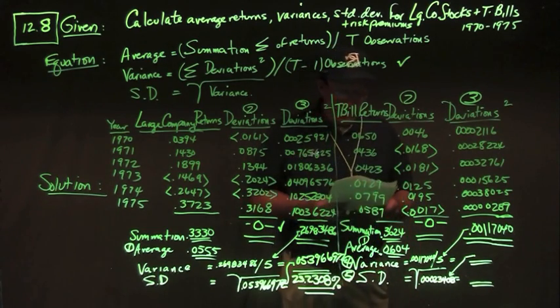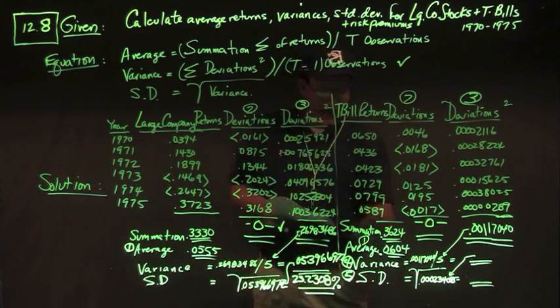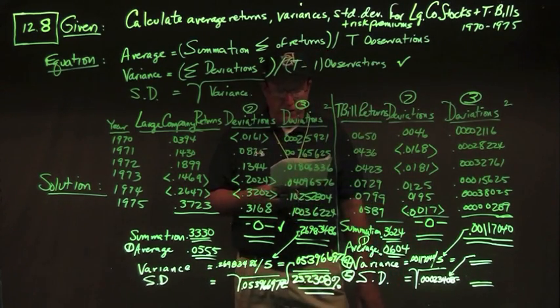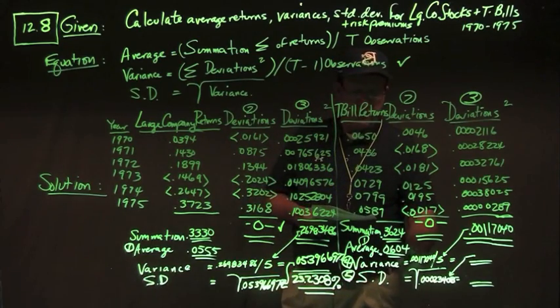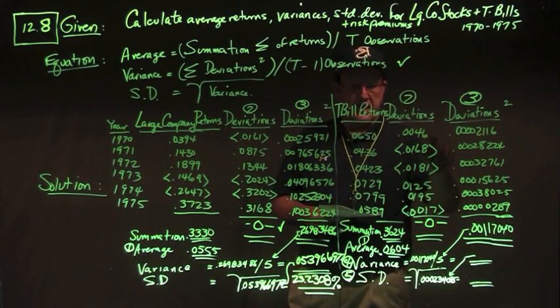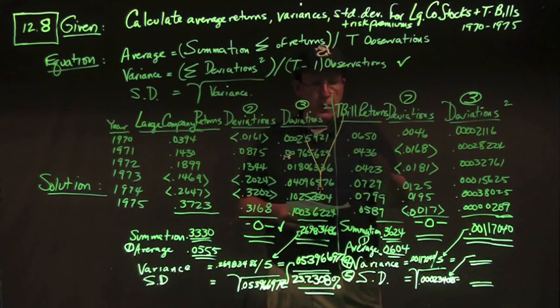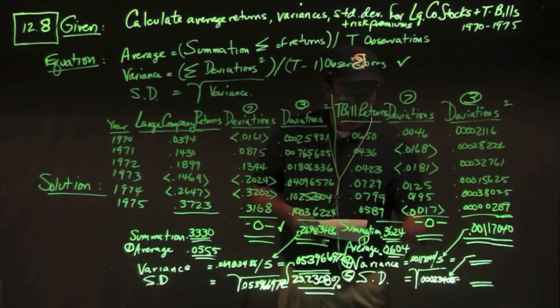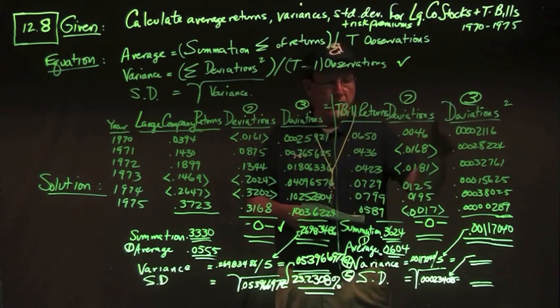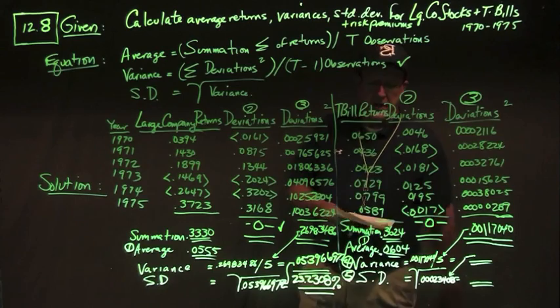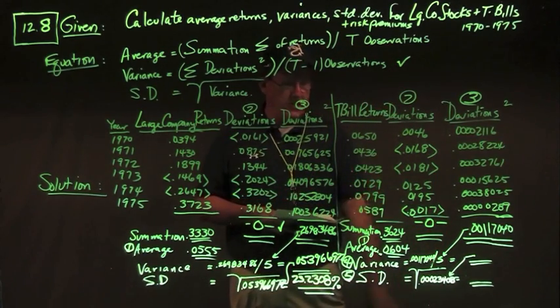I get 0.3624, and then take the average, divide 0.3624 by 6, and I get 0.0604 is my average. Step number 2, calculate the deviations between these actuals and that 0.0604. So 0.0650 minus 0.0604 equals 0.0046, and on down the line. Calculate the difference between these actual returns and the average to get the deviations.